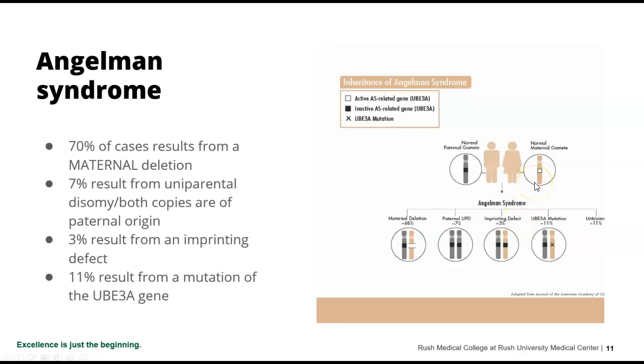Mom can't turn back on her dad's copy of this gene that was off all of her life. And then about 11% there's actually a mutation of the UBE3A gene. So this actually doesn't happen as much in Prader-Willi, but in Angelman, about 11% of the chance it's a mutation. And again, this is the only one with a recurrence risk.